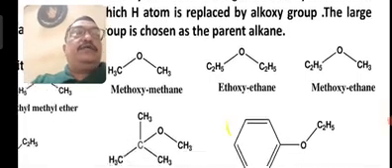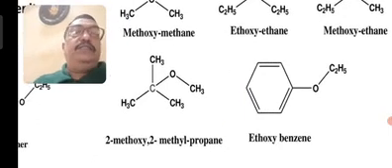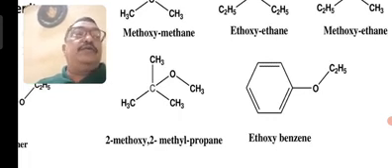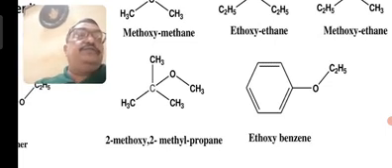Similarly you can have certain examples here: 2-methoxy, that is CH3O, and 2-methylpropane. So you consider the total number of carbon atoms and then write according to whichever is the long chain hydrocarbon. And in this case, C6H5OC2H5, compared to C2H5, C6H5 is the biggest group.